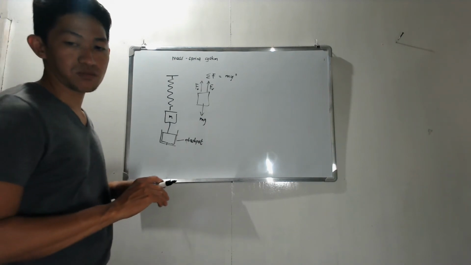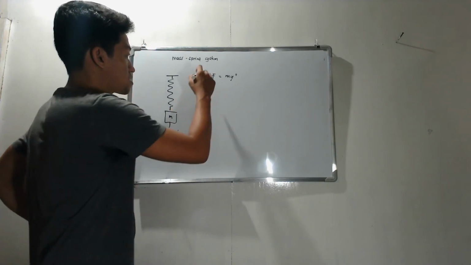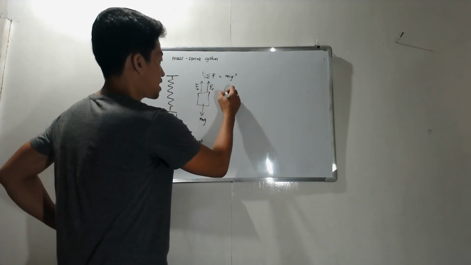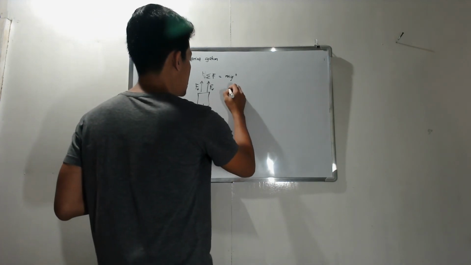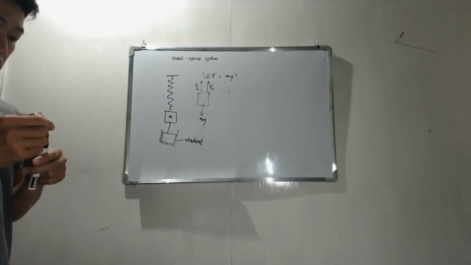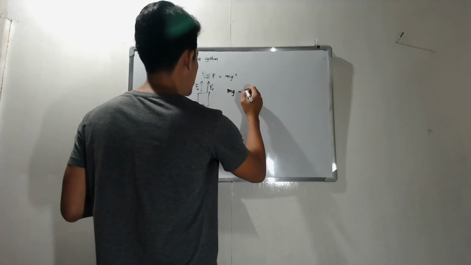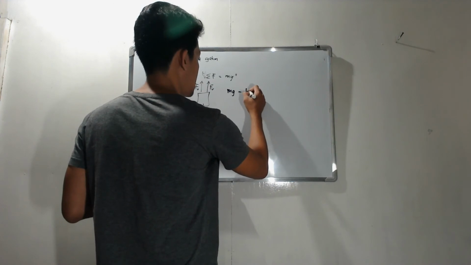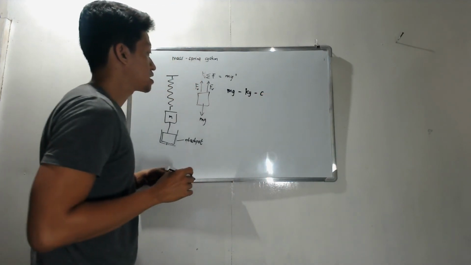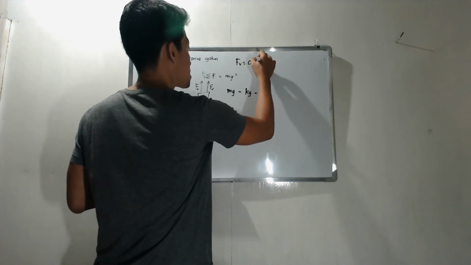What happens to your equation now? Again, our notation is positive downward. You have mg minus ky, the force of the spring, and then minus c times the velocity. The value of the viscous force is just c times the velocity.